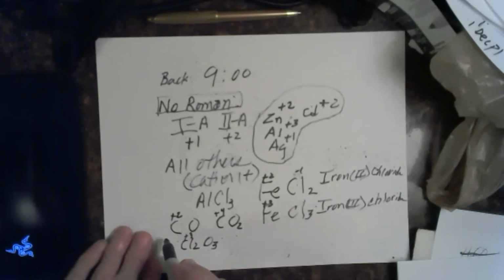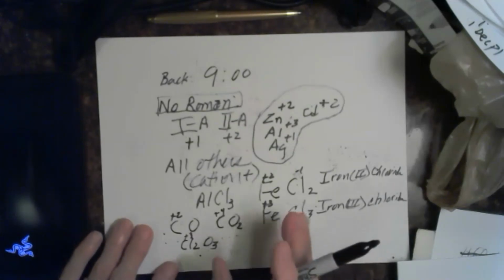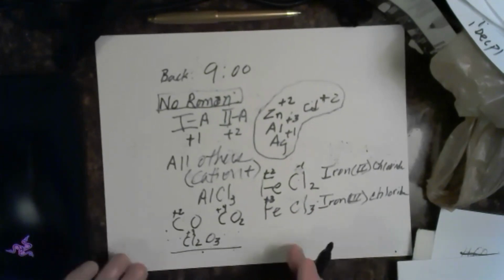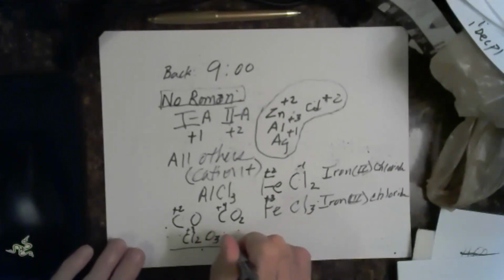So in non-metal compounds, the preferred nomenclature is the prefixes. Mono, di, tri, tetra, penta, hexa, hepta, octa, nona, deca. Okay, you could do those, but if it's a non-metal, use that form of nomenclature.